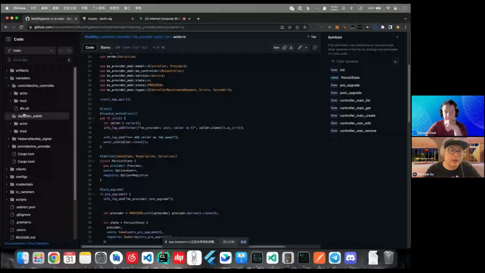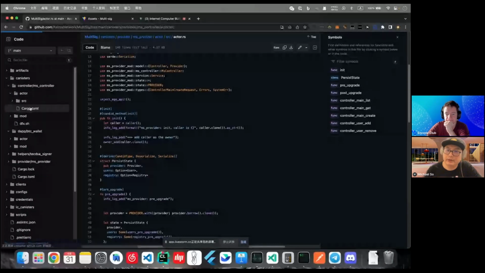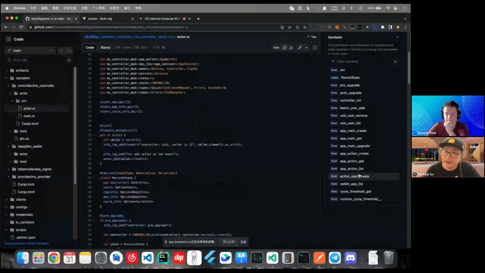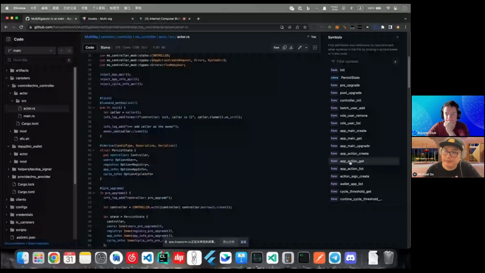And we go to the multi-sig controller. In this controller, we have even more functions. We can create and upgrade, app may. App may means we can create wallets. We can upgrade the wallet. We can get the wallet's ID. And we also define the user's role, like who is the manager of the wallet, who can also initiate the transaction.